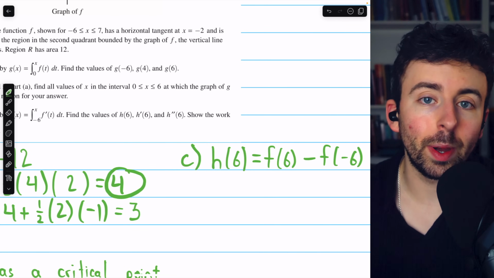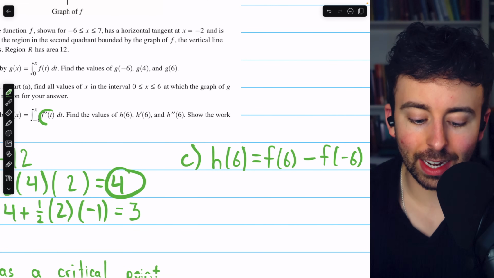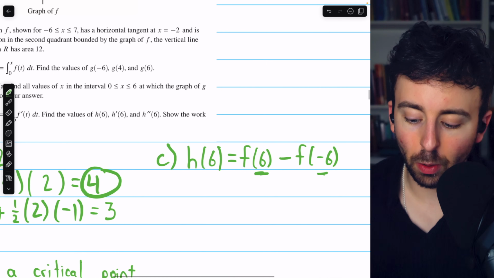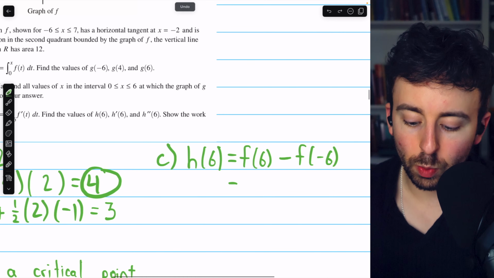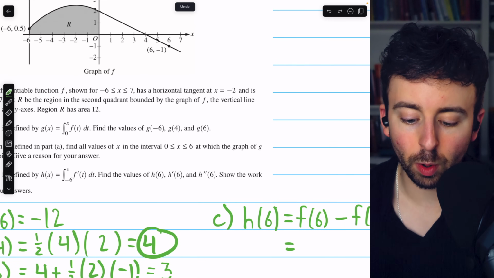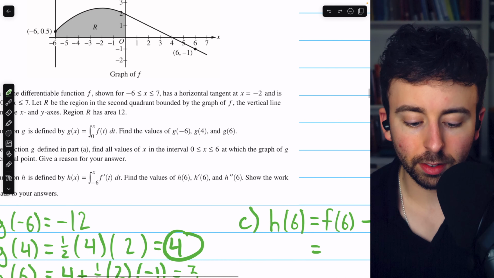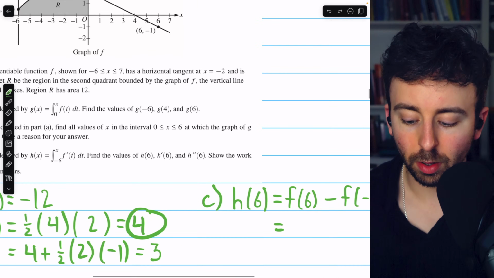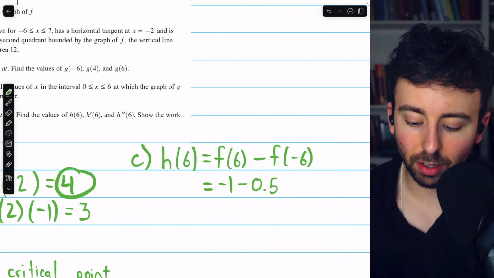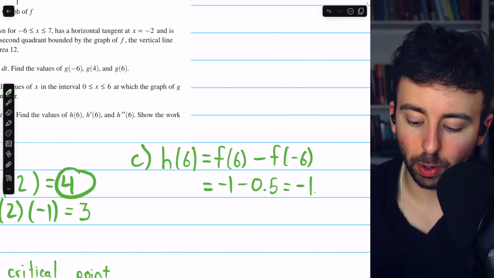This is how we evaluate definite integrals. We take the antiderivative of the integrand and then evaluate it at the upper bound and the lower bound and subtract them. We can find these values from the graph. f of 6 is given as -1, and f of -6 we see as 0.5. So this is going to be -1 minus 0.5, and so the answer is -1.5.